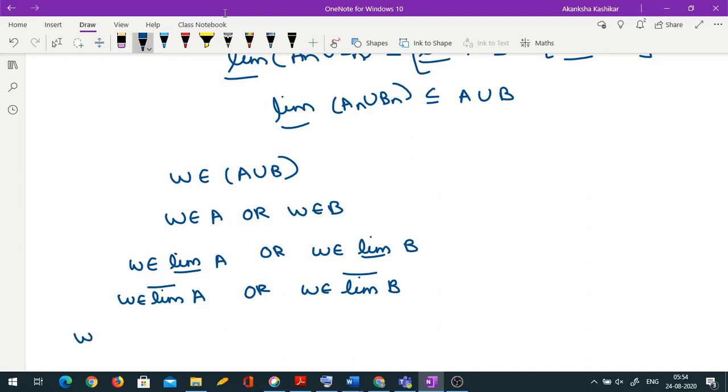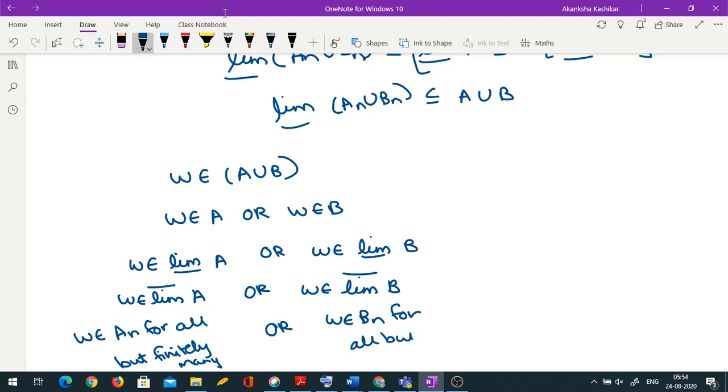This means that omega belongs to A_n for all but finitely many n's, or omega belongs to B_n for all but finitely many n's. Okay.